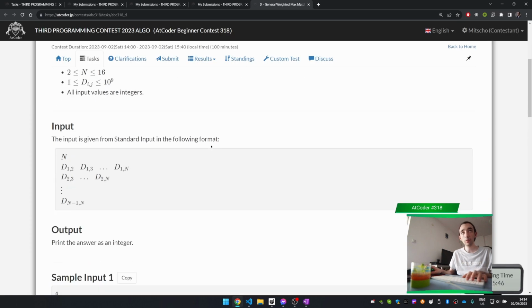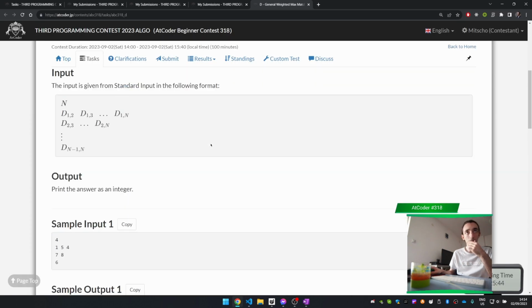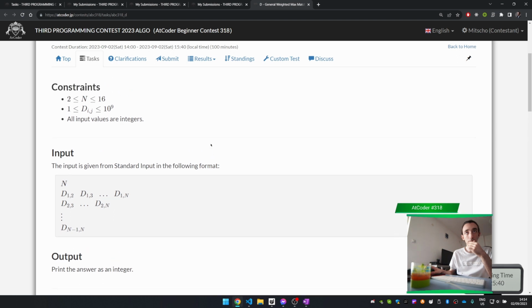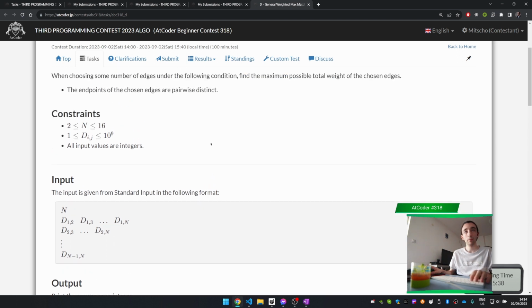Wait, how is it represented? Yeah, so this is 1 through n, and then 2, 3.